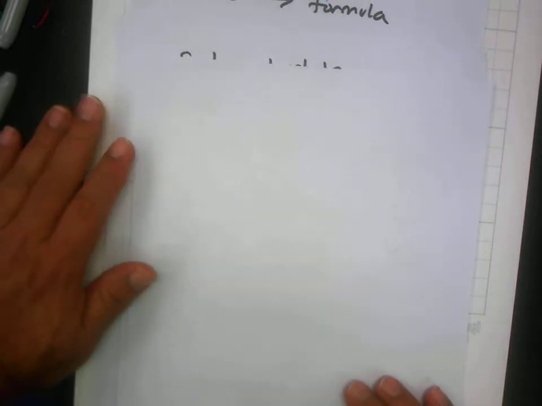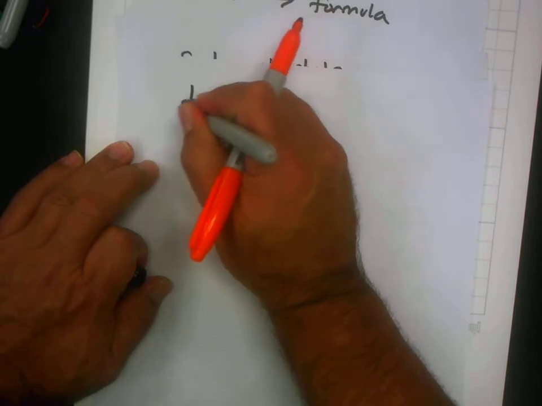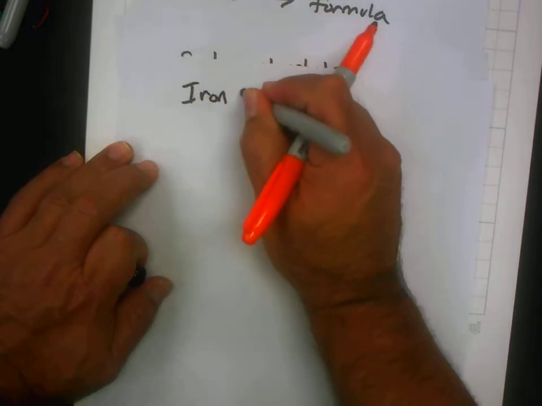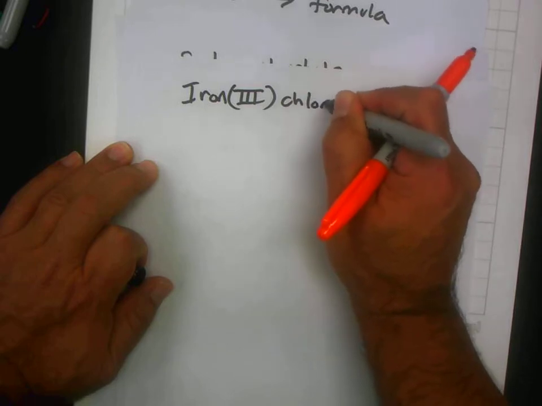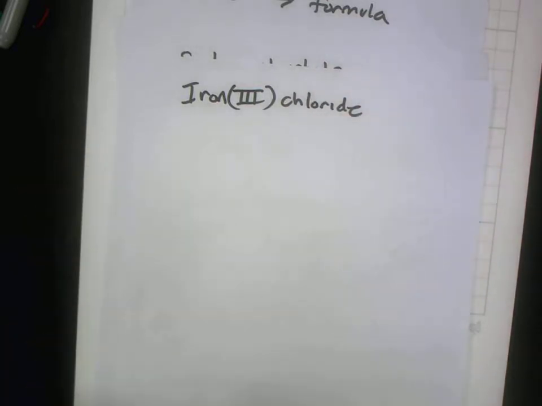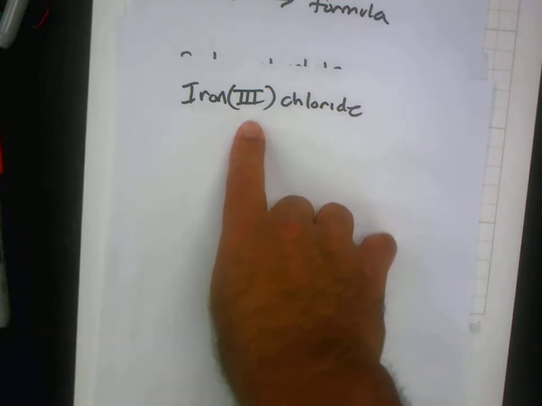Here we go. All right, so let's go ahead, I'm going to give you the name iron 3 chloride. Okay. And can somebody remind us why I have a Roman numeral in the middle of this name?